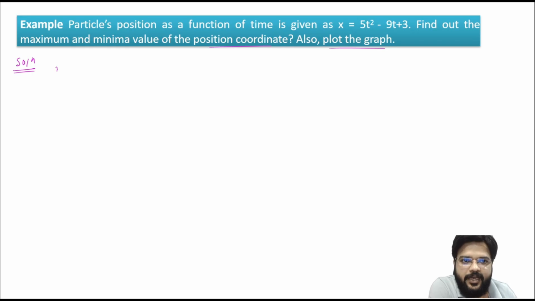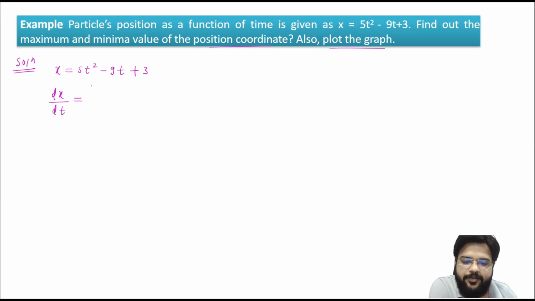So here the function we have is x equal to 5t square minus 9t plus 3, correct? Position is a function of time, and we want the maxima and minima coordinate. So first of all, we will differentiate this x with respect to time.